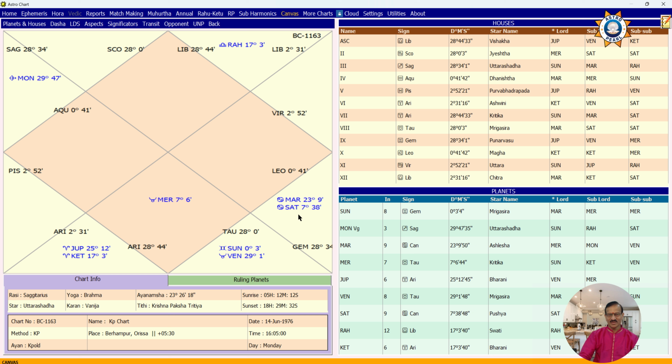So the bottom line is, whatever system you practice, cast the chart in that system. The planets should be shown according to that system, and the interpretation also has to be according to that system. Then only the results will be correct. So don't consider that in Vedic or my traditional system the planets are here, now they have shifted, so results might be different.